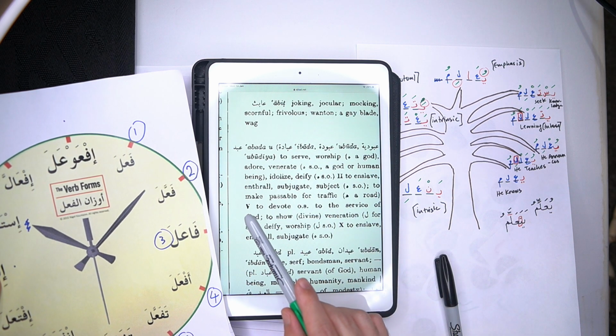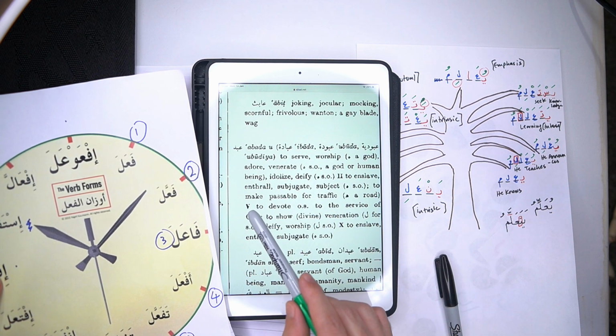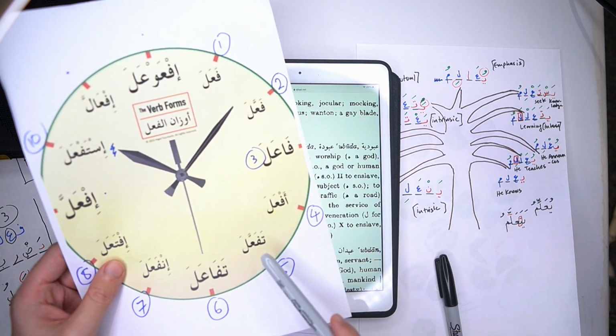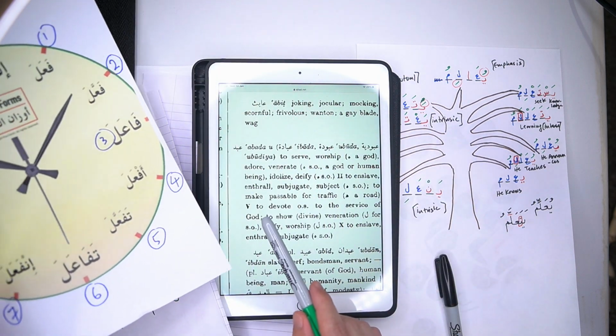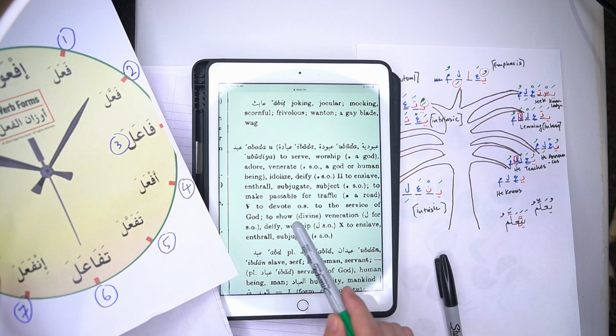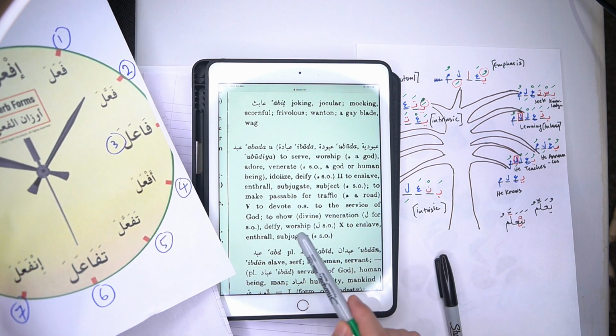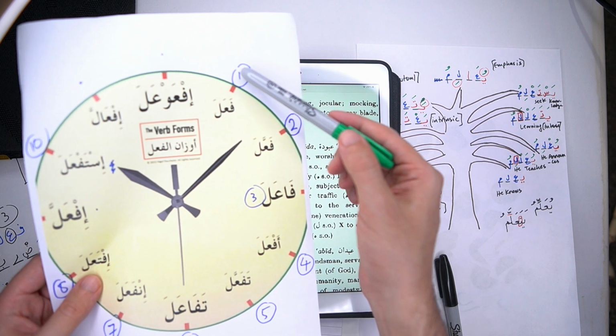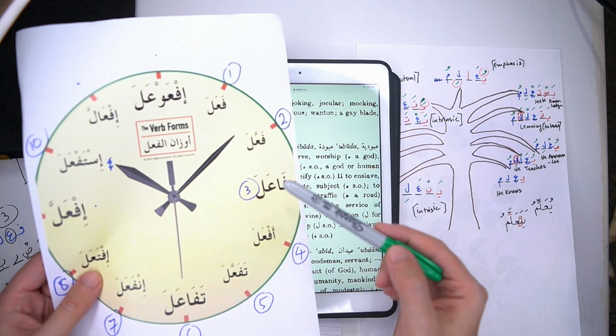And if it comes on pattern number V, V means 5. So 1, 2, 3, 4, 5. Ta'abbada, tafa'ala, means to devote to the services of God, to show divine veneration, etc. So that's if it comes on the pattern. So so far we've got pattern 1, pattern 2, pattern 5.